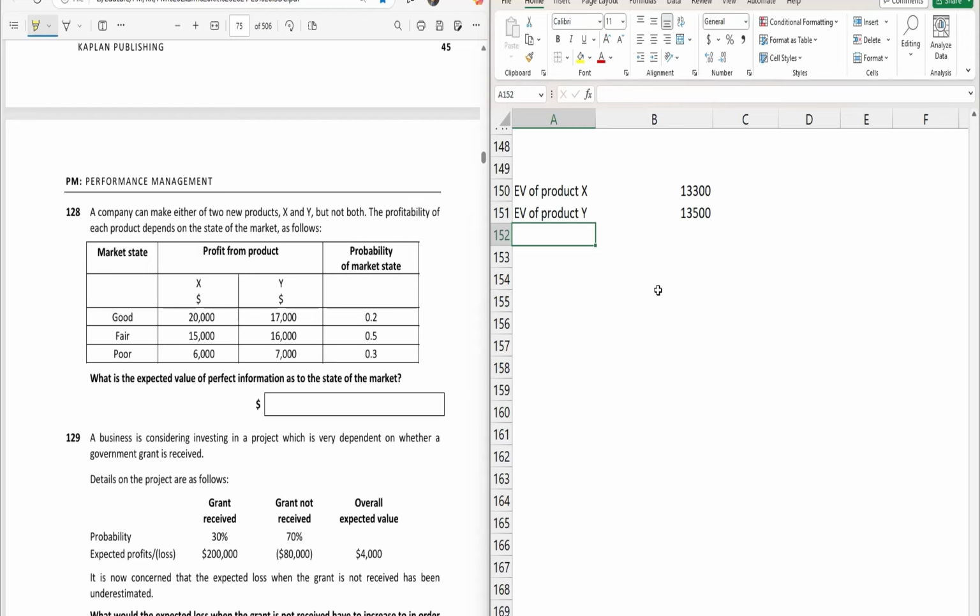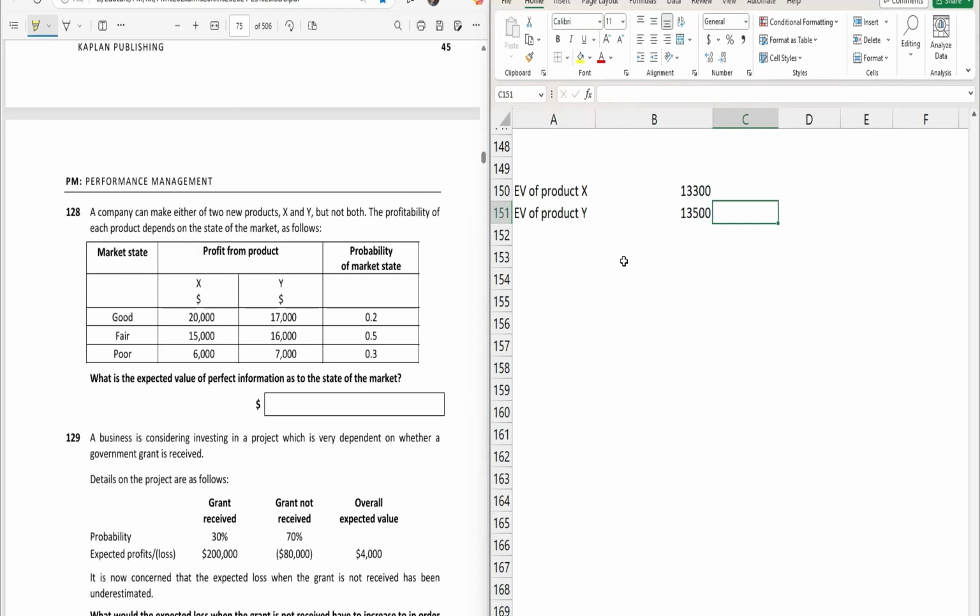Since the company will choose the product with the higher expected profit, in our case the higher expected profit is for product Y, which is 13,500. If we don't have any perfect information, we calculate the expected value and base our decision on it. So the expected value without profit information will be 13,500, right?